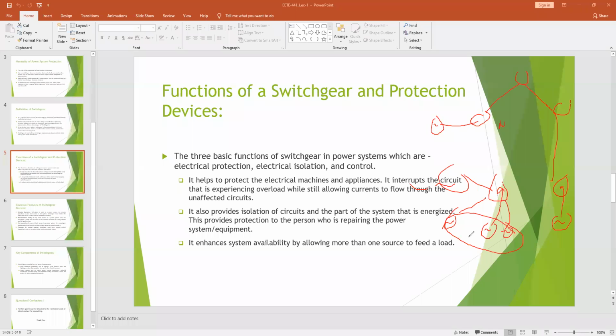Otherwise, one single unsynchronized generator connected in parallel operation may cause a fault in the grid itself, which may result in a blackout. That means none of the consumers will get power, because a major fault will happen at this grid line, and it will eventually cut off all the generating stations.